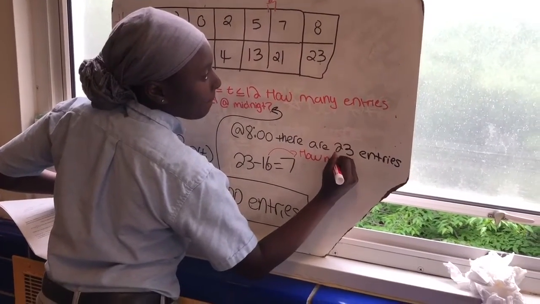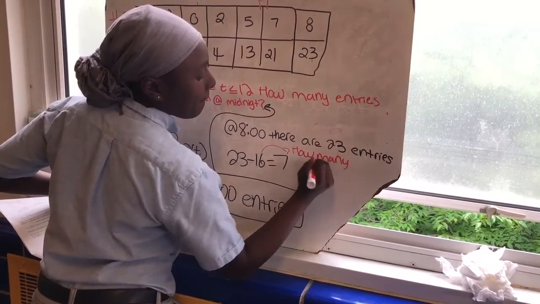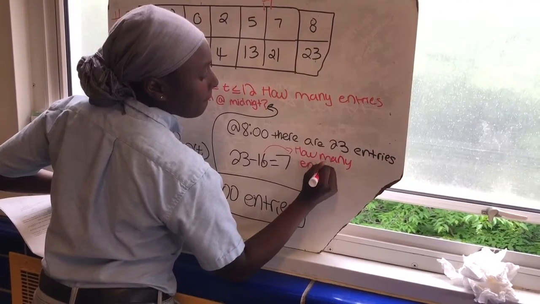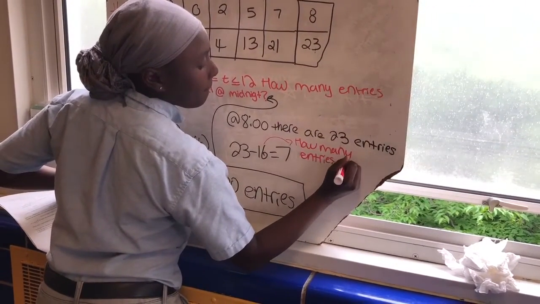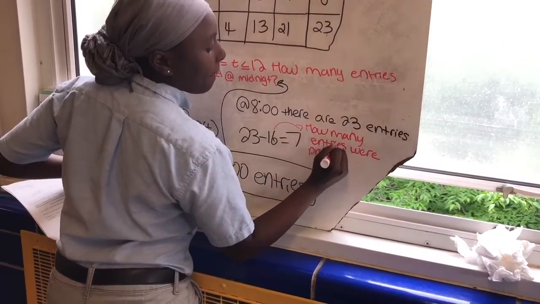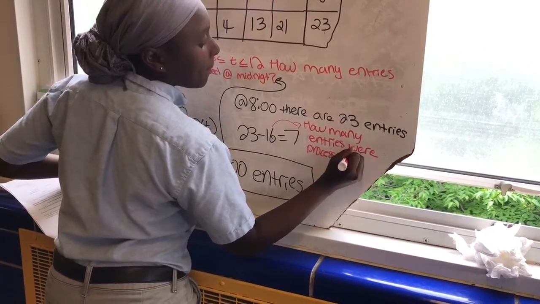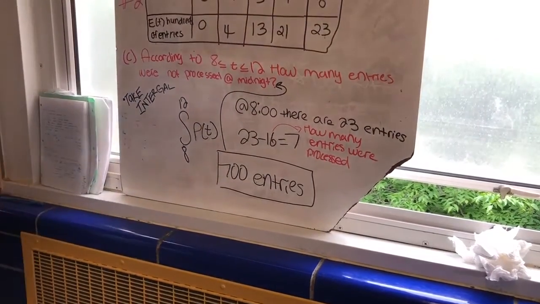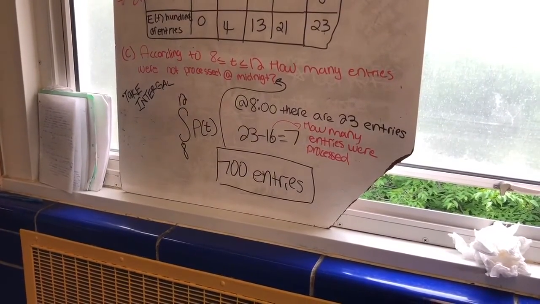Oh, I made a mistake. It's already 700, so you just put 700 entries. So 700 entries is the answer. Don't forget to box your answer. And that's how many entries were not processed at midnight.